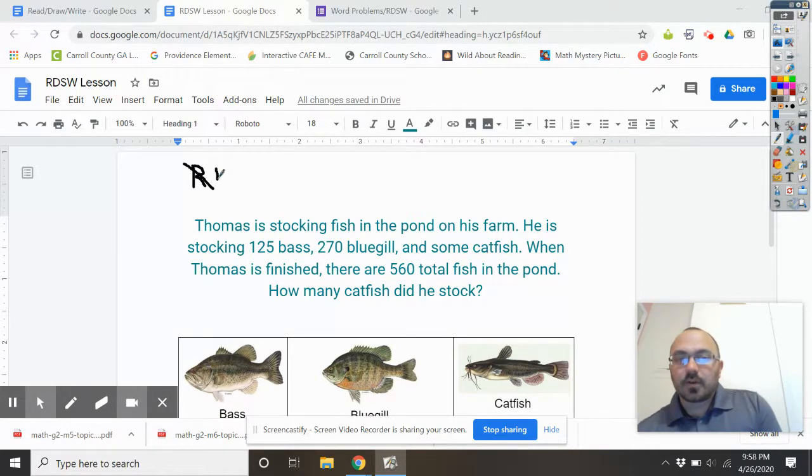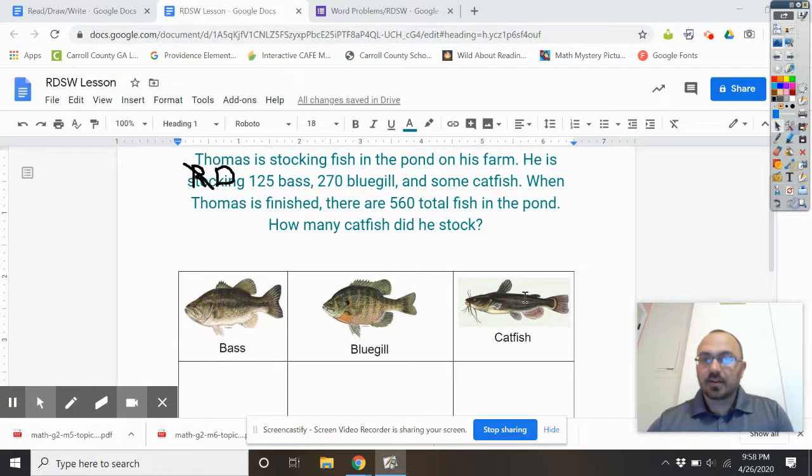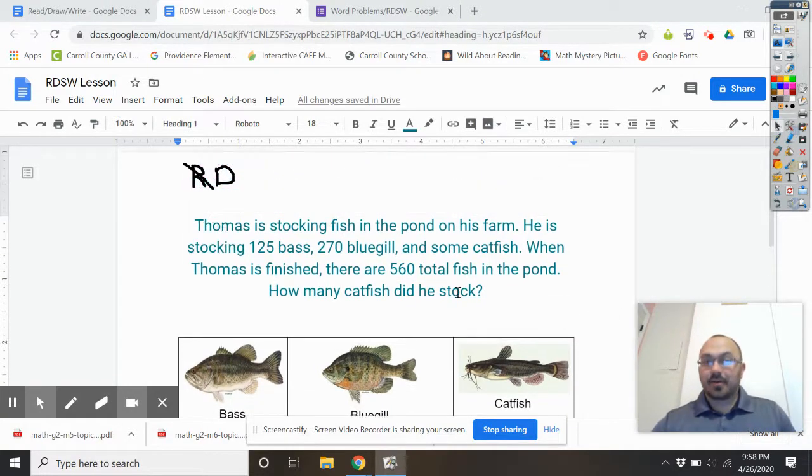Now I got to move on to D, where I'm going to draw. So let's scroll down just a little bit and let's look. Now, I mentioned a few minutes ago about a tape diagram, right? Well, here is my tape diagram.